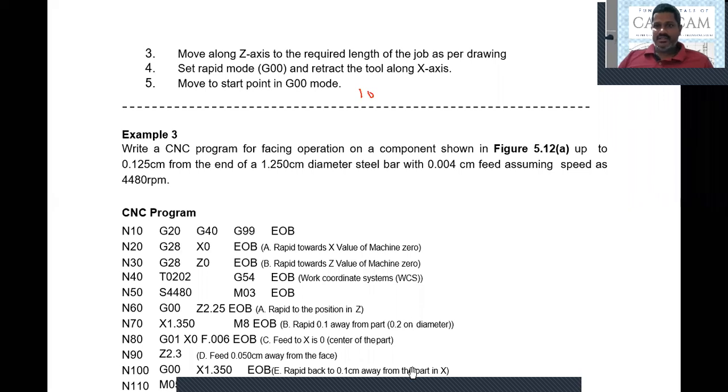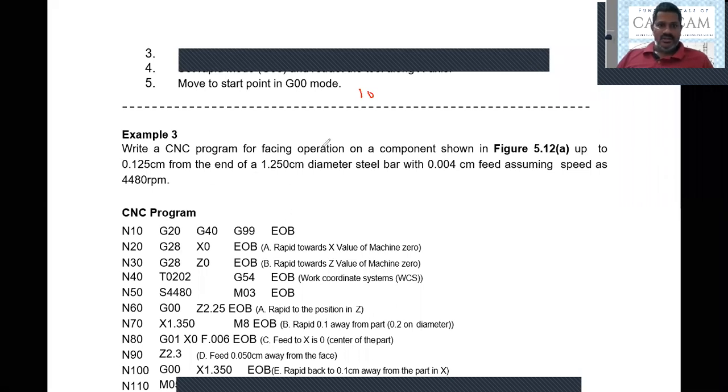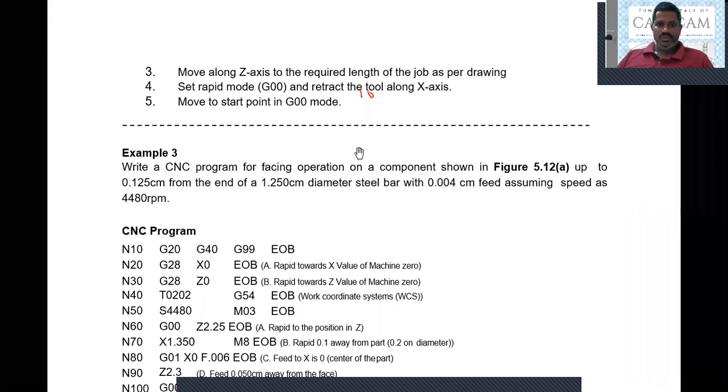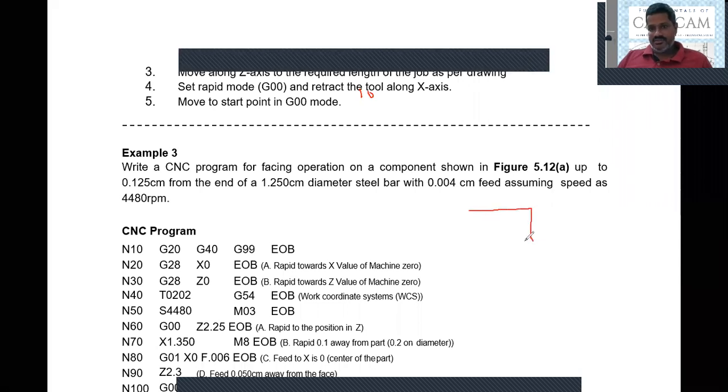Now you can see, moving the tool along the z-axis really gives us the actual operation. So set the rapid mode and retract height after completing the work. I will tell you this program. Now we will discuss the steps with an example.